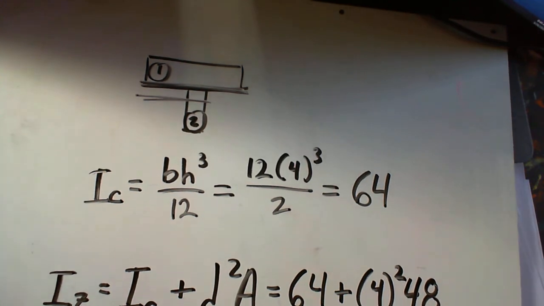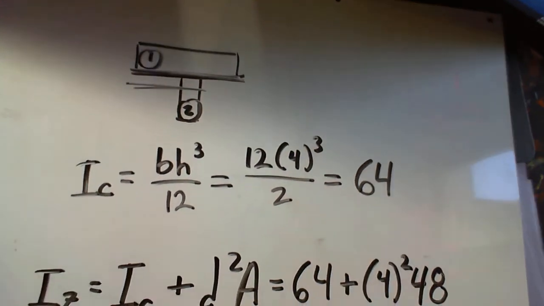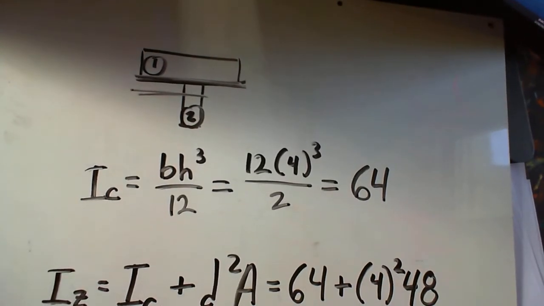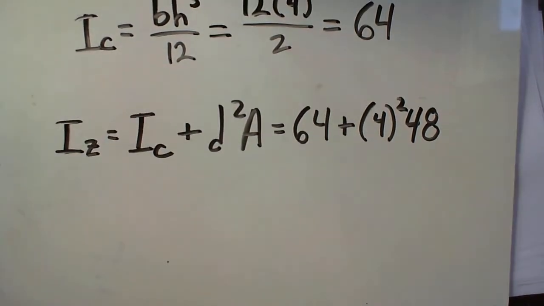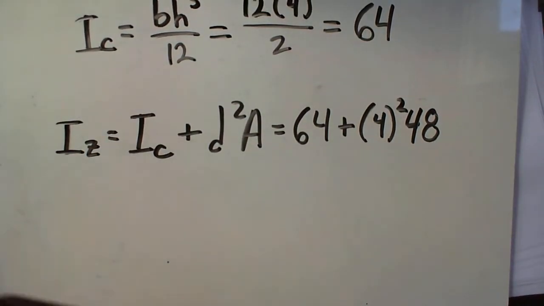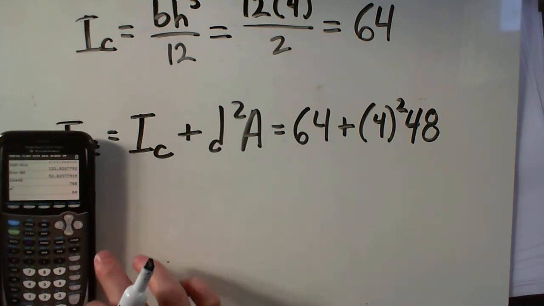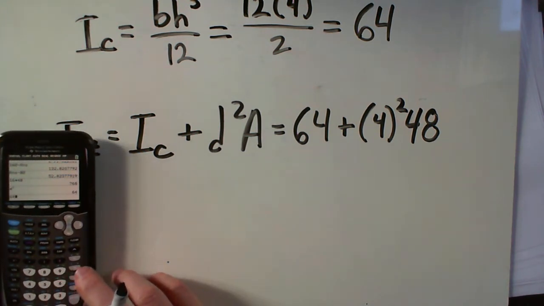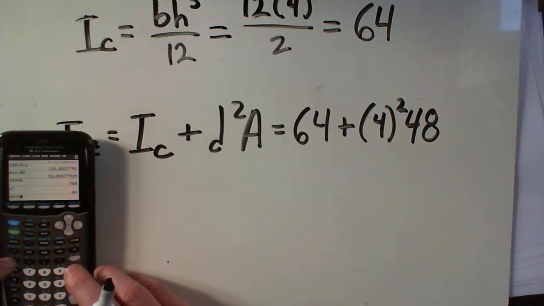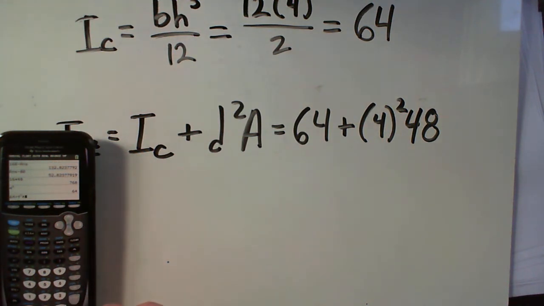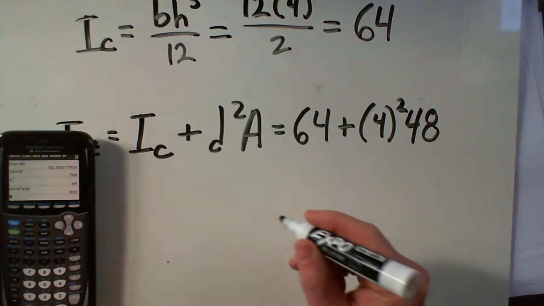So my I sub Z value is going to be 64 plus 4 squared times 48, 832.